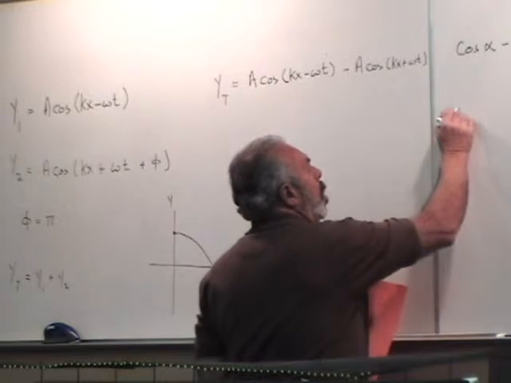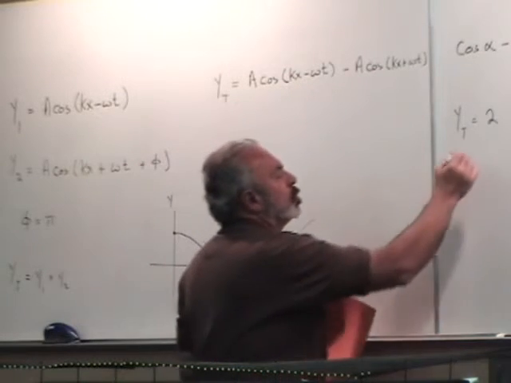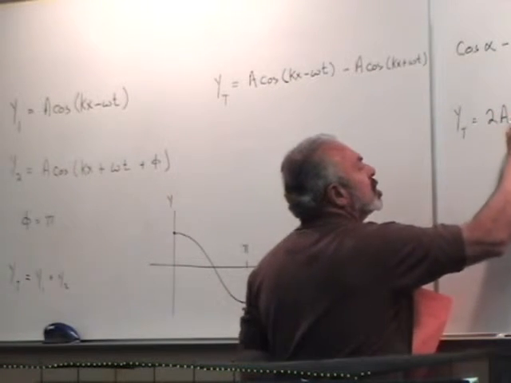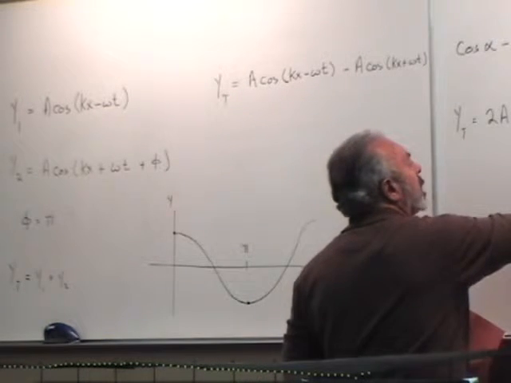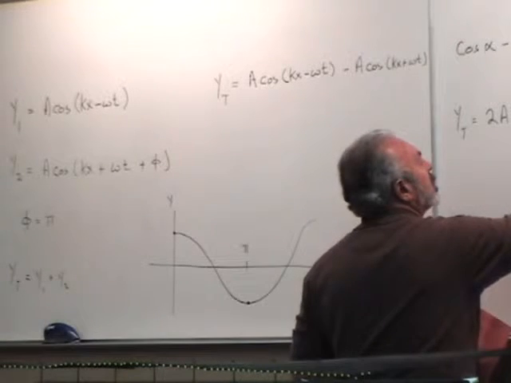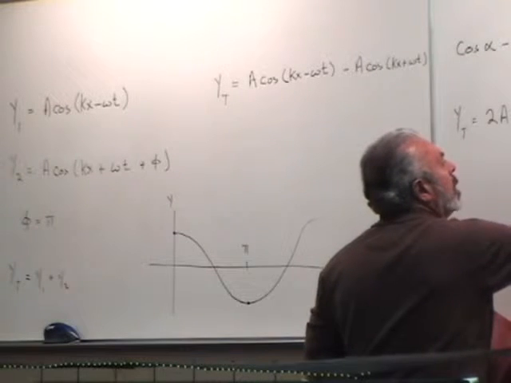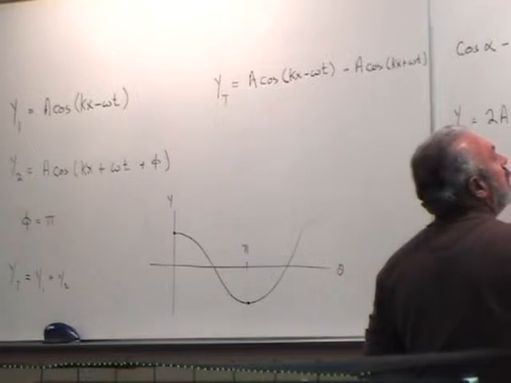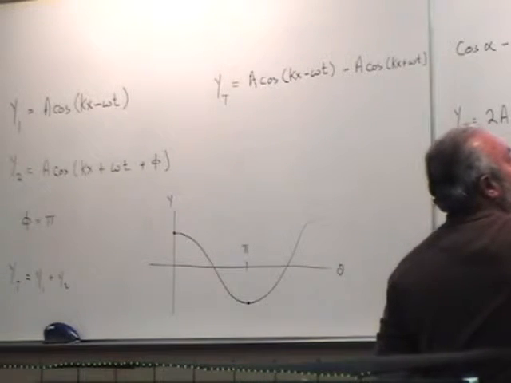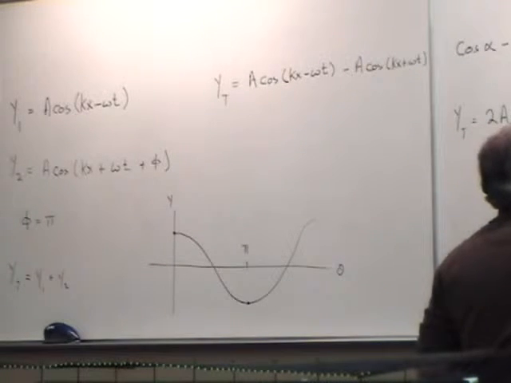So for us then, y total is going to be 2. Oh, and we can factor the A out, so it's going to be 2A times the sine of half the sum, alpha kx minus omega t plus beta, which is kx plus omega t, over 2, times the sine of half the difference, beta minus alpha: kx plus omega t minus kx minus omega t, over 2.